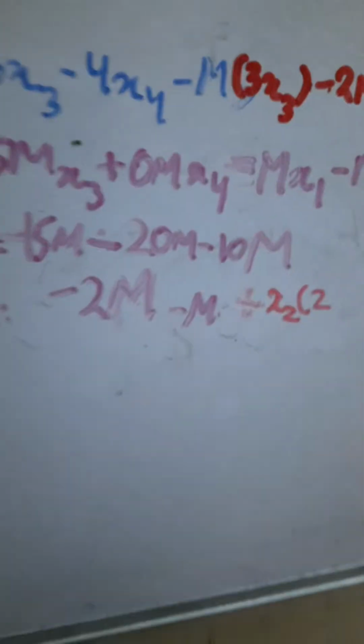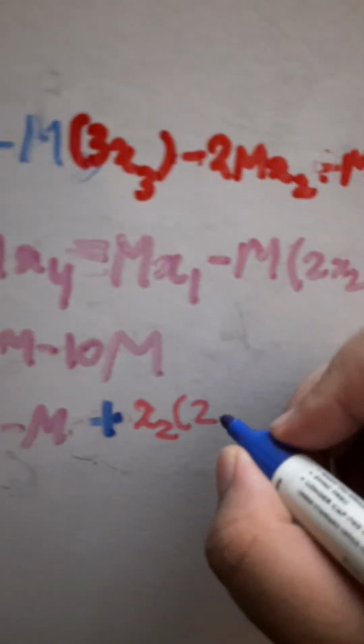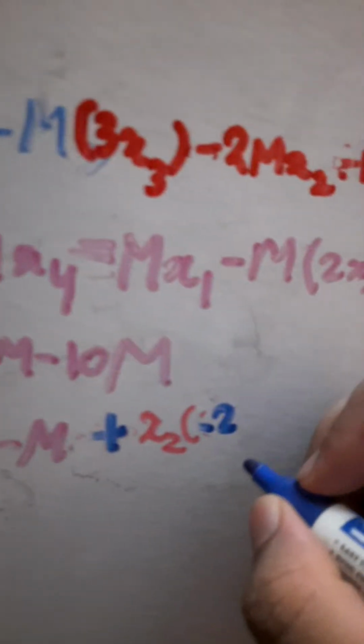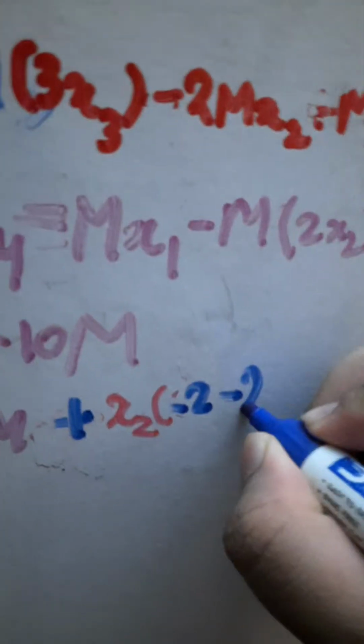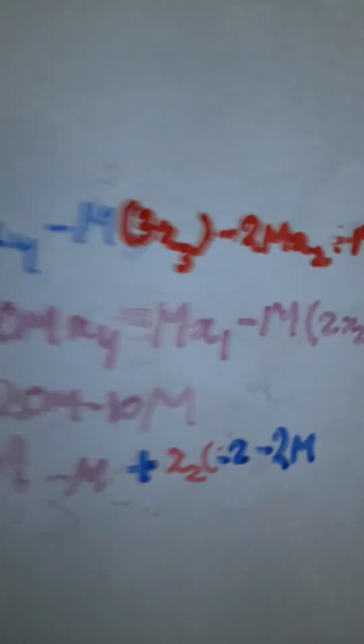Can't ignore it. This is not working, man. This marker. Okay. Plus x2 minus 2, okay. Then here see minus 2mx2, then again minus 2m, right? Because if you take out x2 then only minus 2m remains, right?